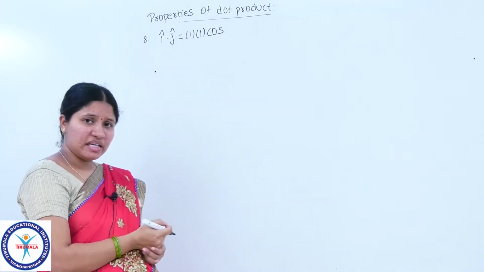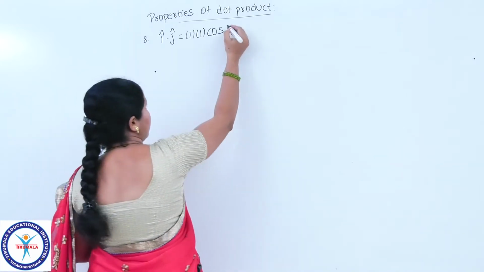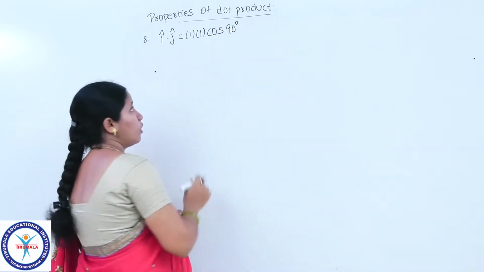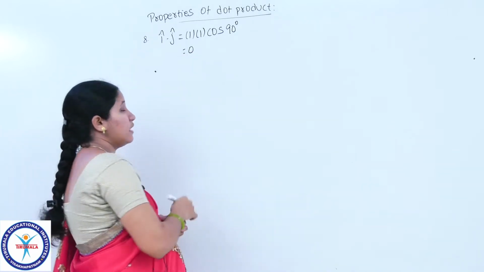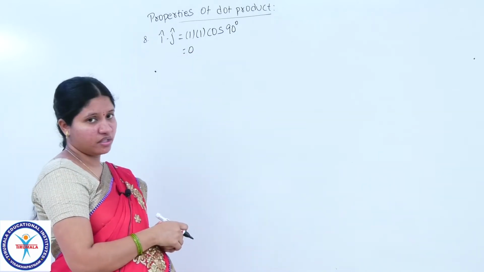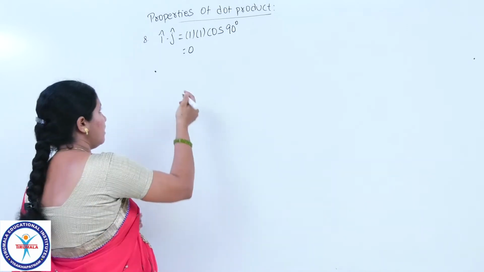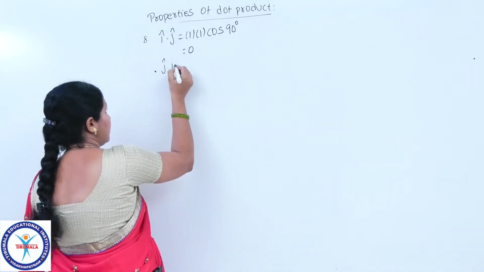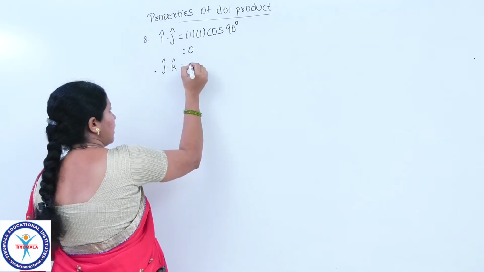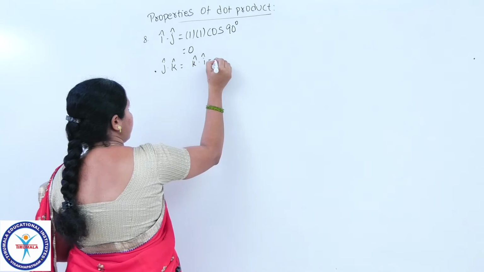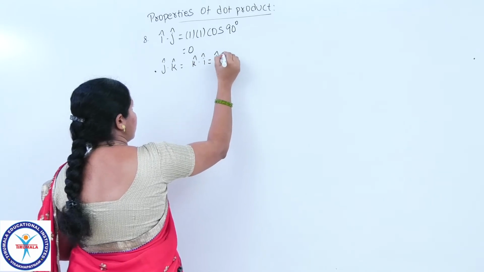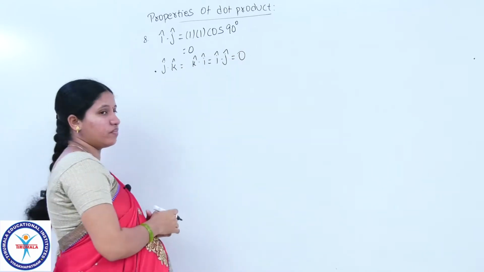The angle between i cap and j cap is 90 degrees, so cos 90 is equal to 0. Hence i cap dot j cap is equal to 0. Similarly, j cap dot k cap and k cap dot i cap are also equal to 0.